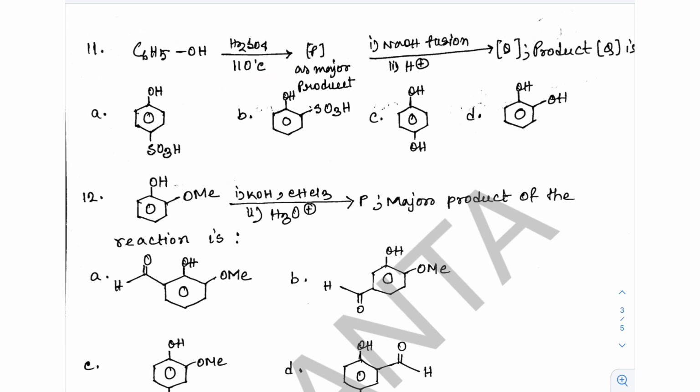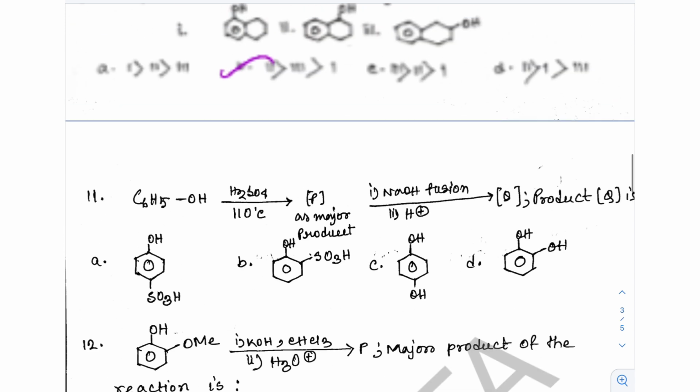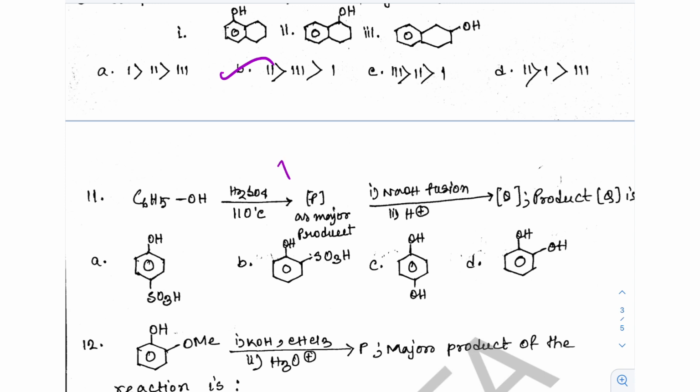So in this step we'll get two products, this one and this one. This becomes the major product.